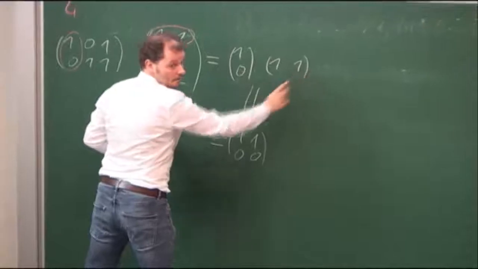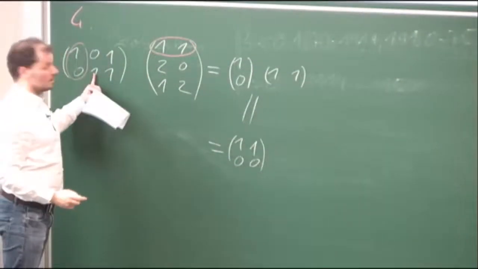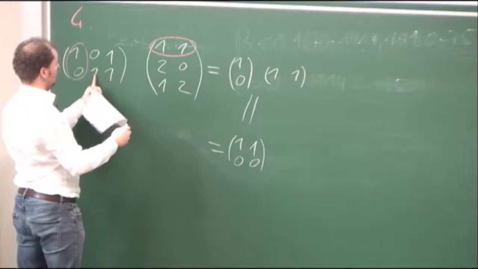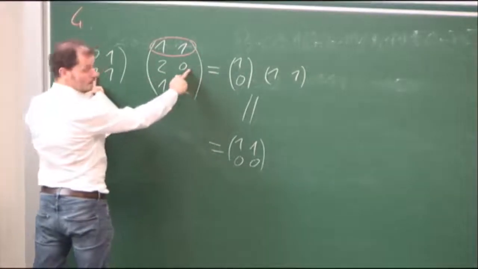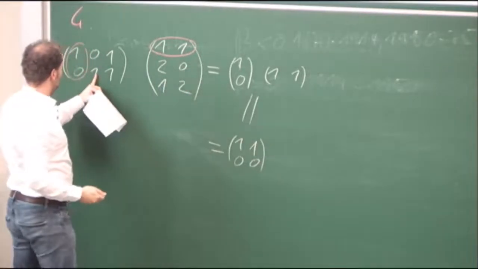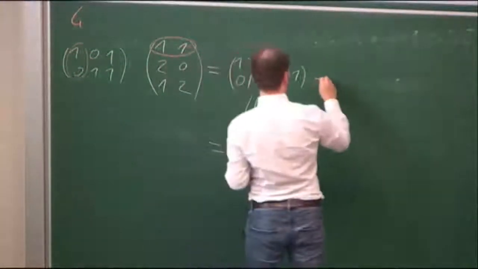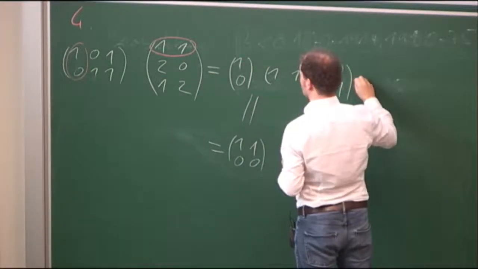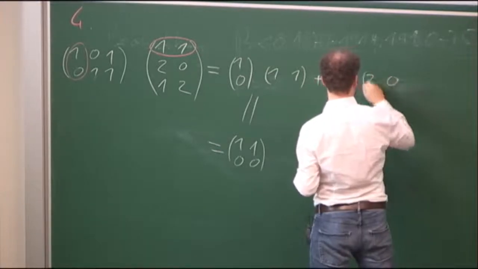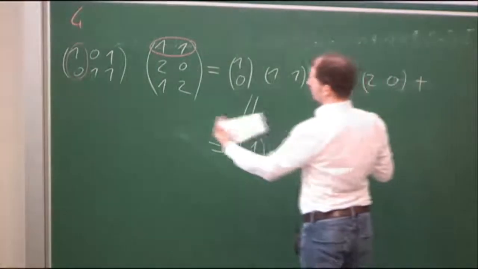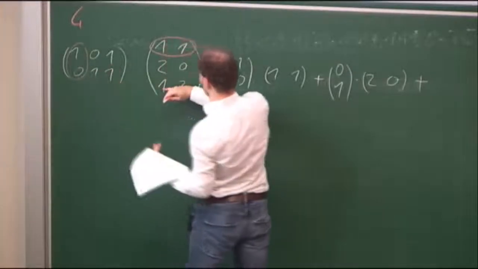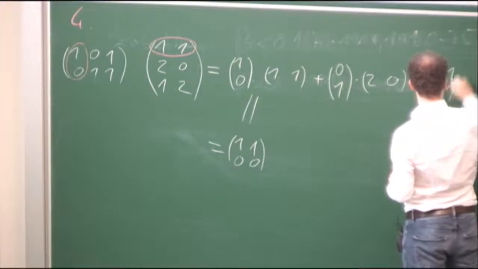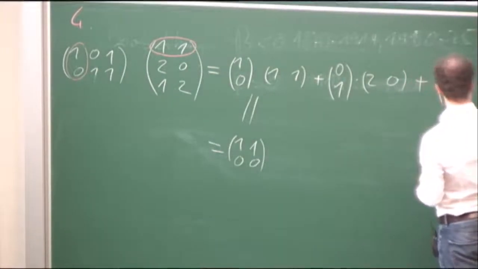This is this part. But then we also have to take the other columns of A and the other rows. So the next step is to multiply the second column of A with the second row of B. And we add them. So this will be plus 0, 1 times 2, 0, plus the third column of A times the third row of B, 1, 1 times 1, 2.